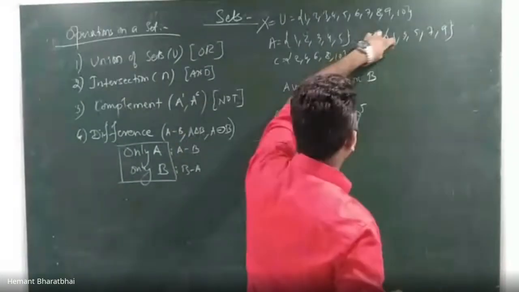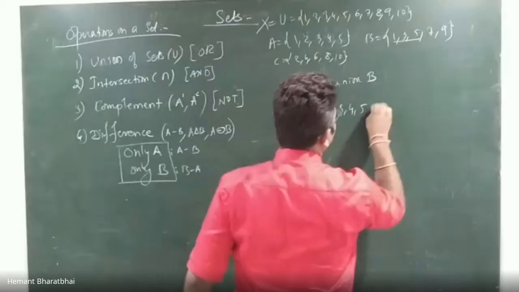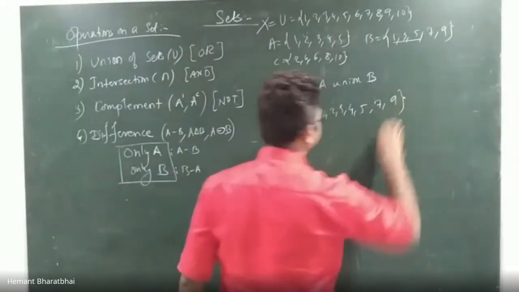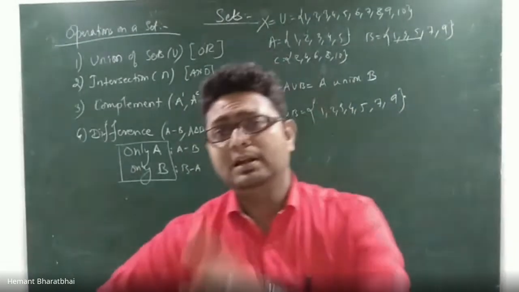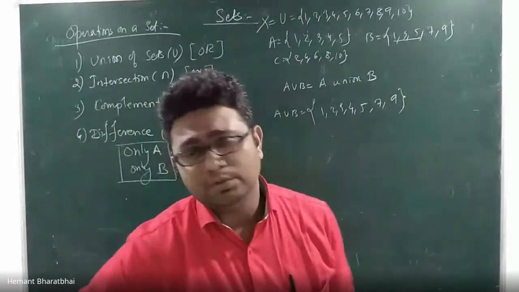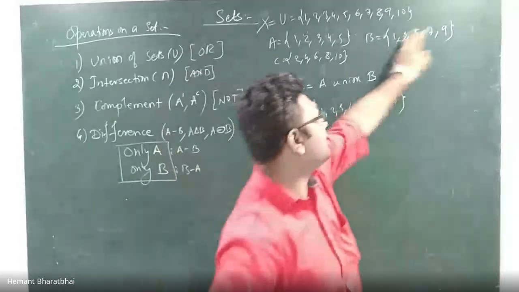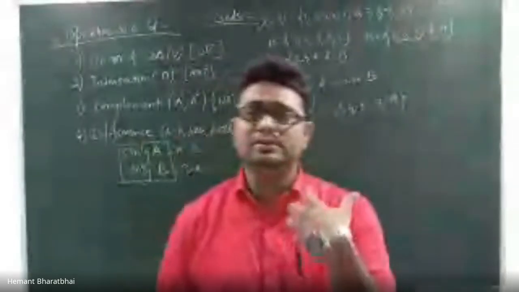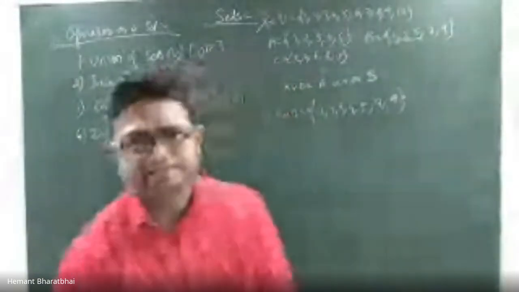Then set B: 1 and 3 I have already written, 5 also I have already written. So next 7 and 9. Why? Because we have seen in the beginning, one element can be written only once. So 1, 3 and 5 were already written. Therefore, I did not write 1, 3 and 5 again. But 7 and 9 were not written, so I wrote 7 and 9. This is what I mean by A union B: write the elements of A also, write the elements of B also, and combine.